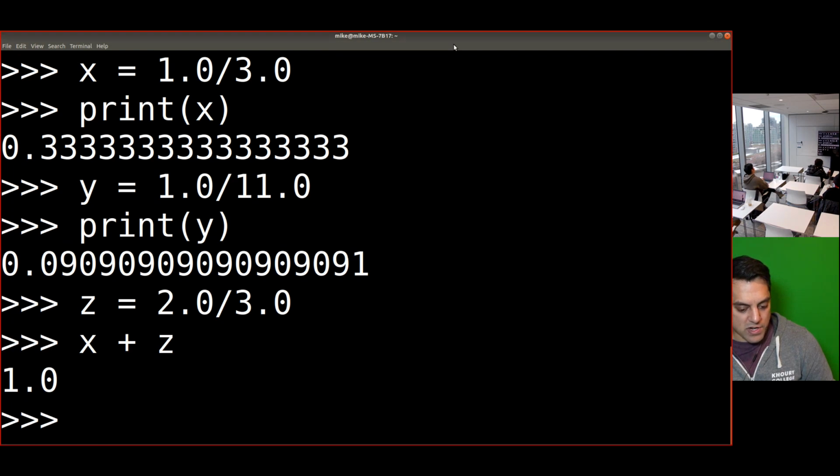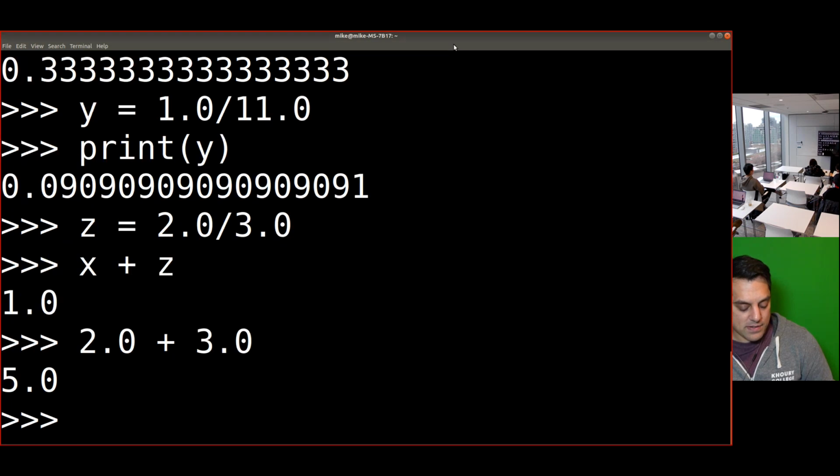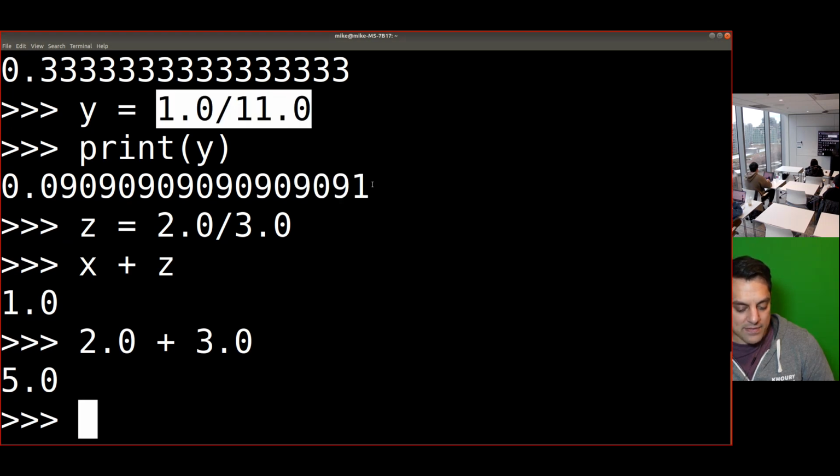Trying to think about how to break this here. I think you can try 2.0 plus 3.0. You will get a weird number. 2.0 plus 3.0? Oh, no, sorry. Maybe that's not this. Let's see. At some point we can kind of see it here with 1 divided by 11.